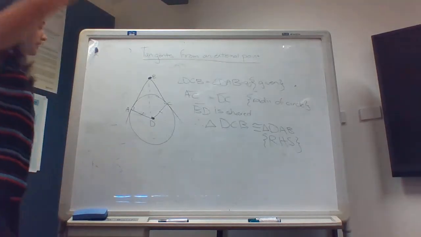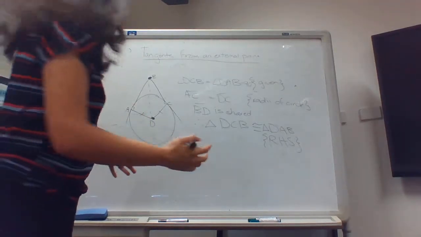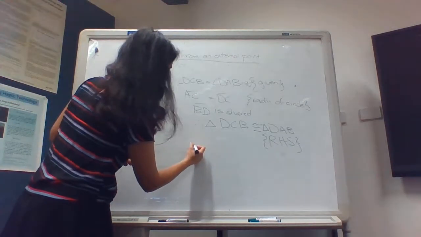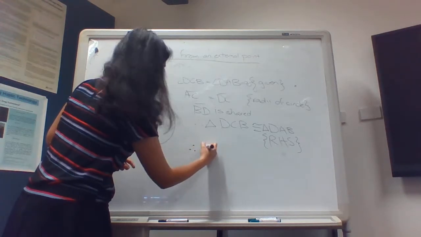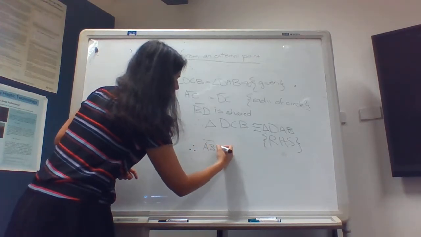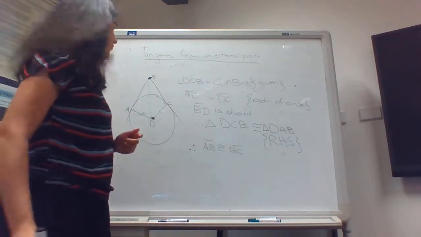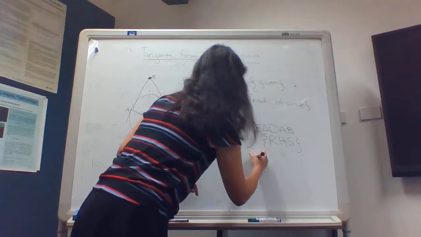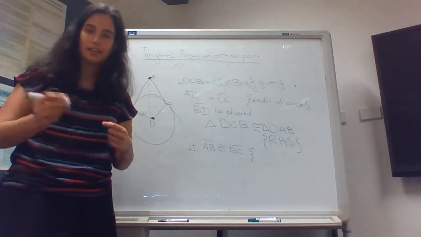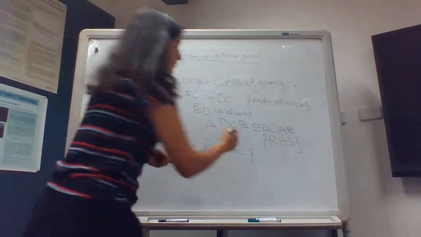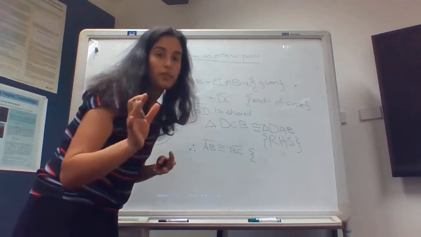You could just say, therefore BC is equal to AD. Not really. Just put another line, therefore AB is congruent to BC. Yeah, you can say that, but make sure you say a reason. Why? Because they're corresponding sides of a congruent triangle. So the corresponding sides of a congruent triangle are always going to be equal.